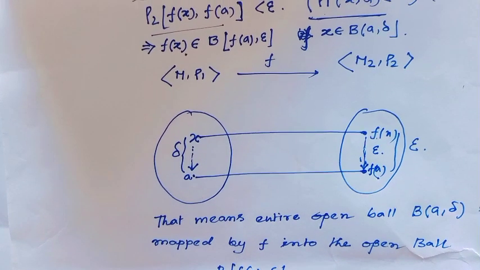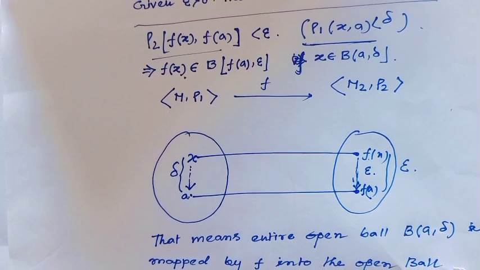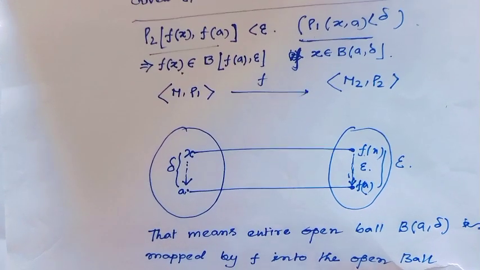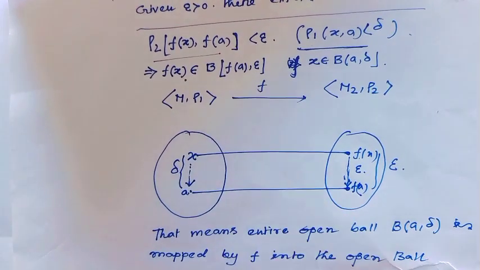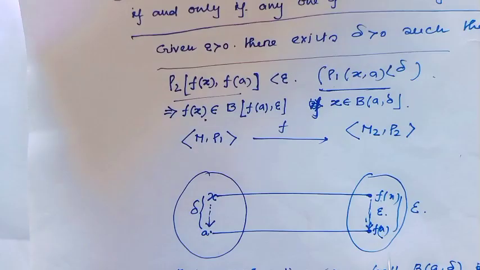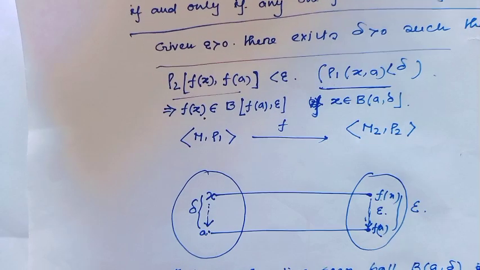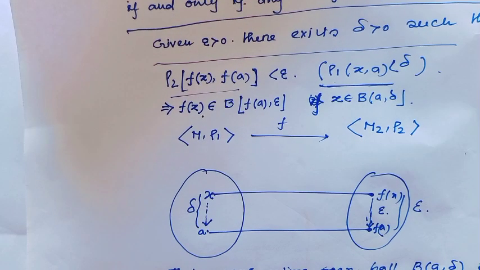And in a metric space, this looks like the ball. That means f(x) belongs to B(f(a), epsilon) if x belongs to B(a, delta).